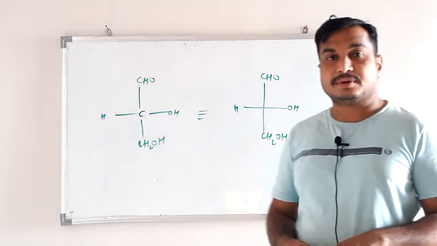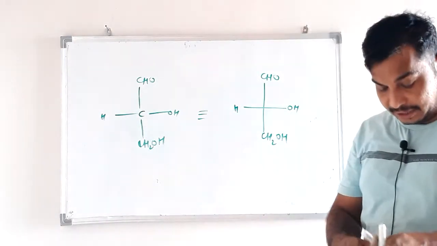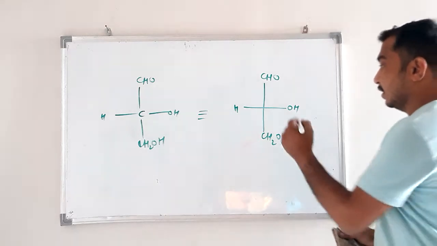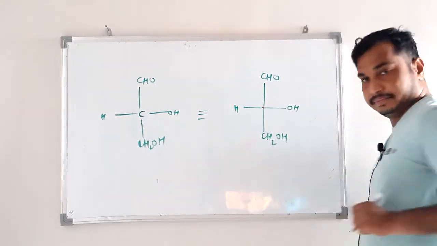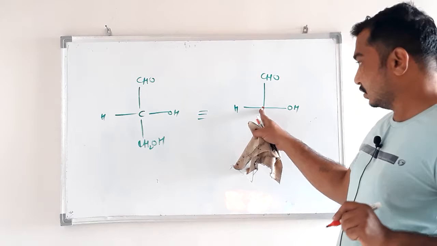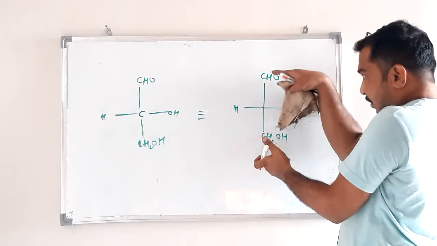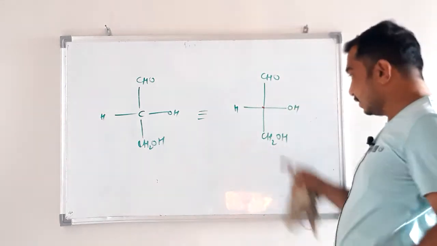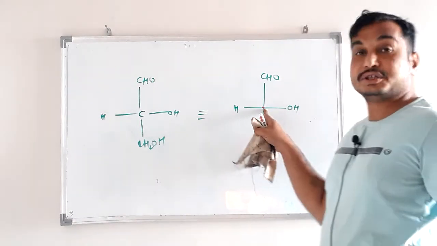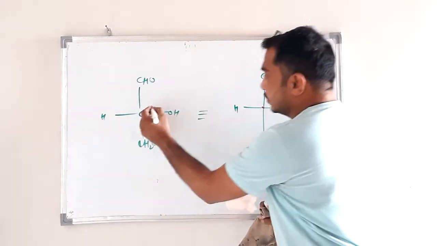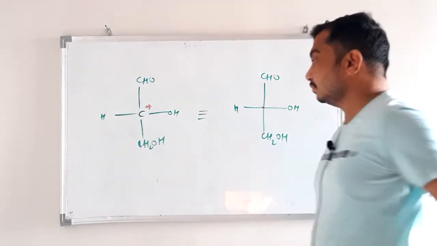Again, the same step: identify the asymmetric carbon atom. Here, the cross, the intersection point of the vertical and horizontal lines, is nothing but the asymmetric carbon atom.